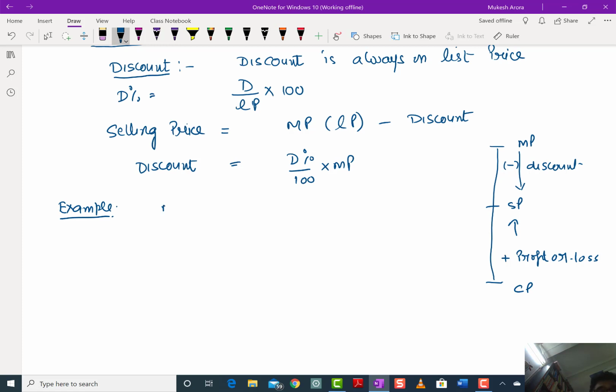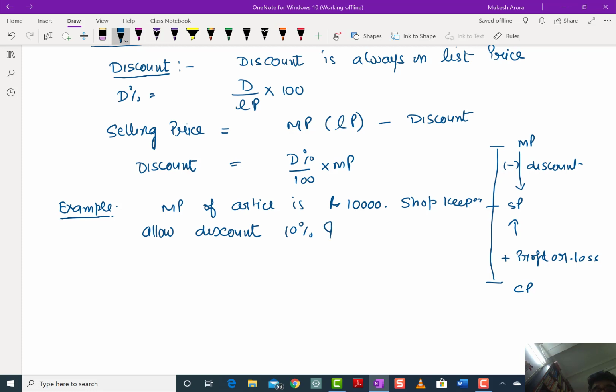So we'll do a few sums related to this. The mark price of an article is rupees 10,000. The shopkeeper allows a discount of 10% on mark price. Find selling price.